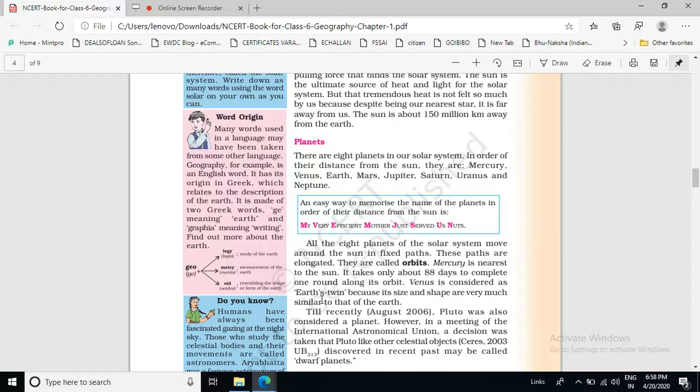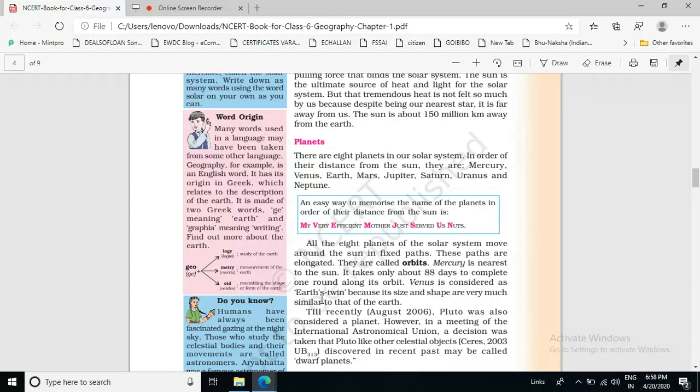And then there is one more piece of information regarding Venus. Venus is considered as Earth's twin. Earth and Venus are called twin planets. Why are they called twin planets? Because their size and shape are very much similar.